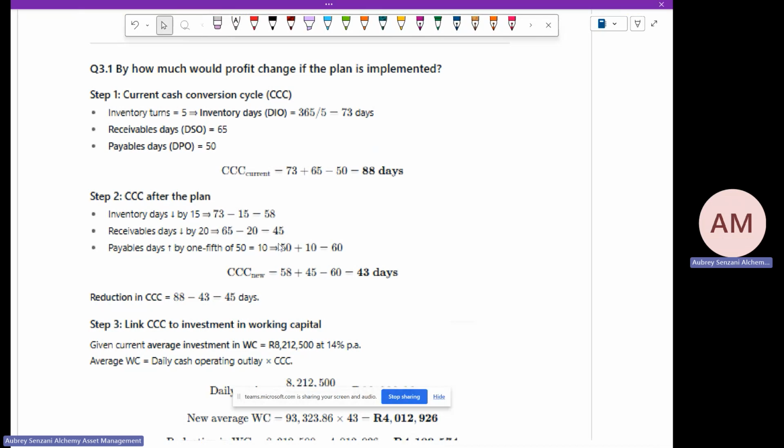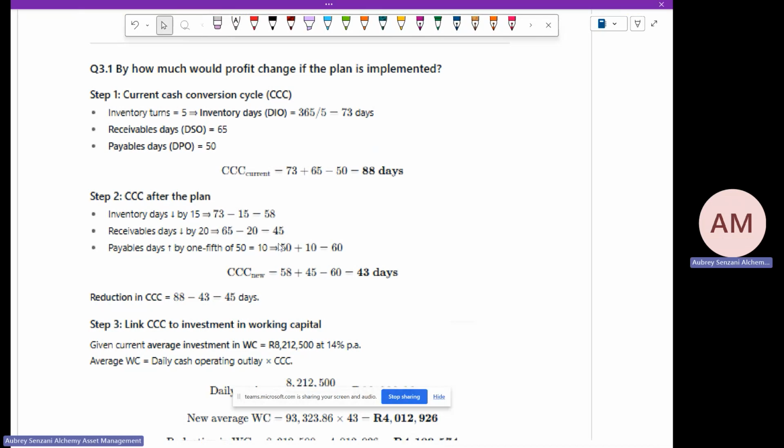Then receivable days, in other words, how long our debtors take to pay us, and then how many days it takes us to pay our creditors. We know we need all these values to calculate your CCC. Because what's the formula for CCC? Let's look in our textbooks and see.